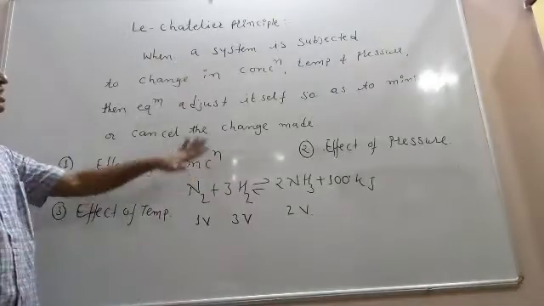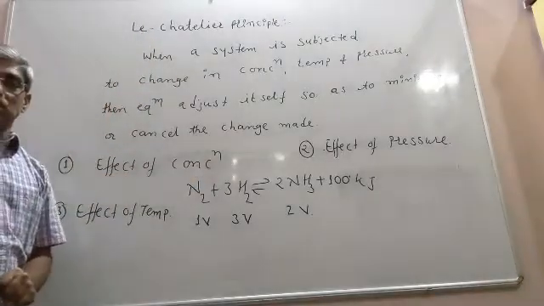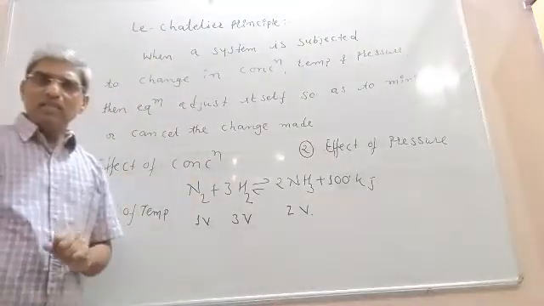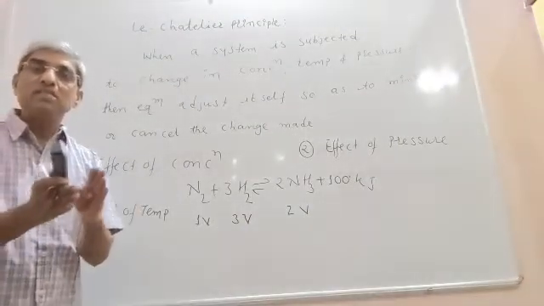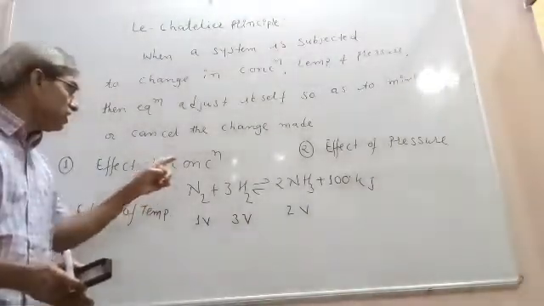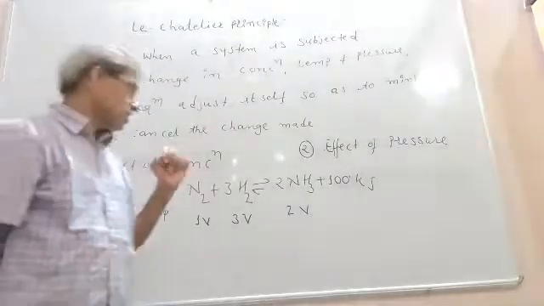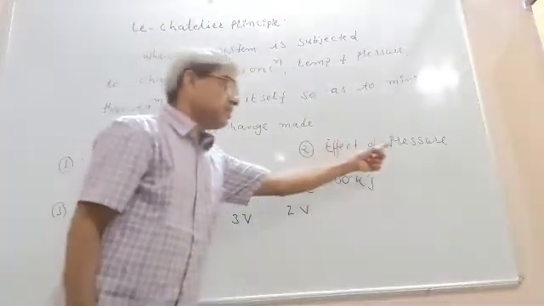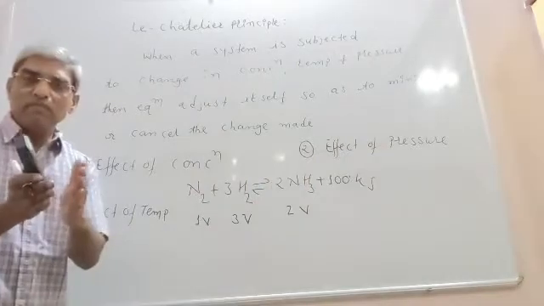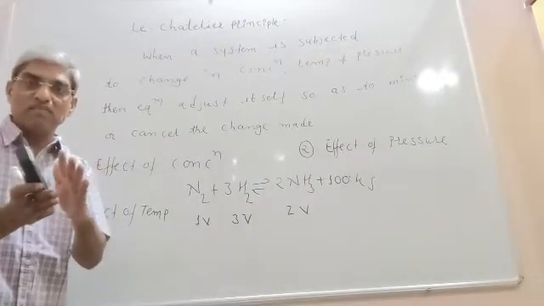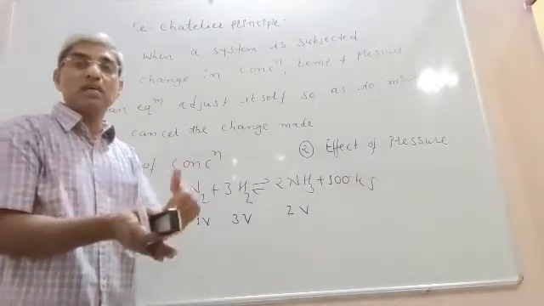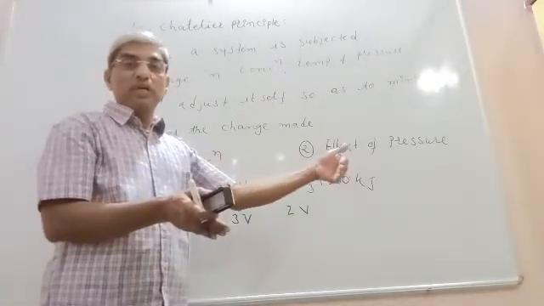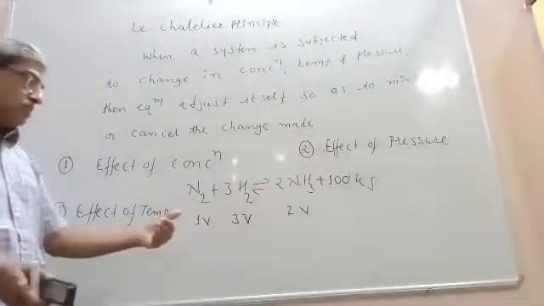This is said to be the Le Chatelier principle. What is the Le Chatelier principle? I will repeat the same. When a system is subjected to change in concentration, temperature and pressure, then the equilibrium adjusts itself so as to minimize the change made or cancel the change made.